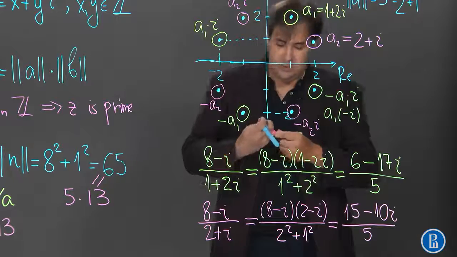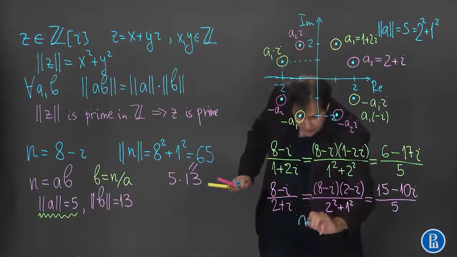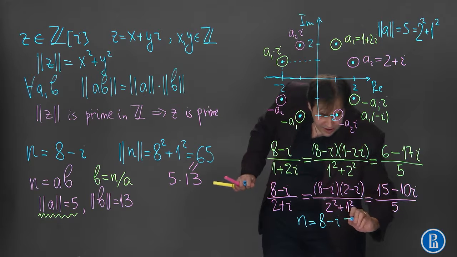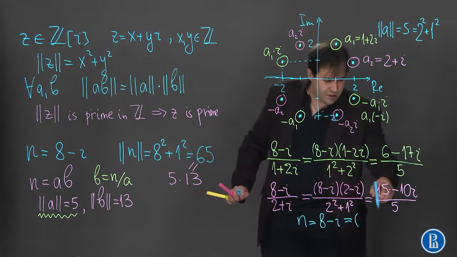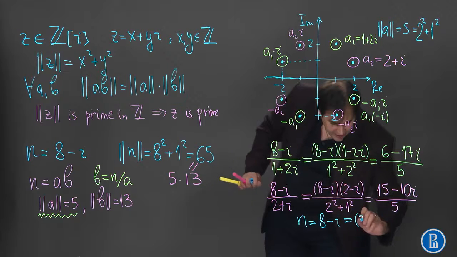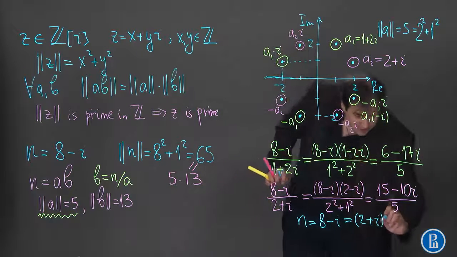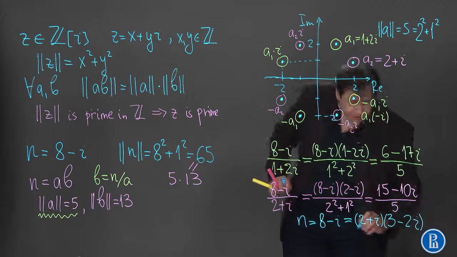So now we can write that our n, which was equal to 8 minus i, is equal to the product of 2 plus i, the first divisor, and over here we gained 3 minus 2i.